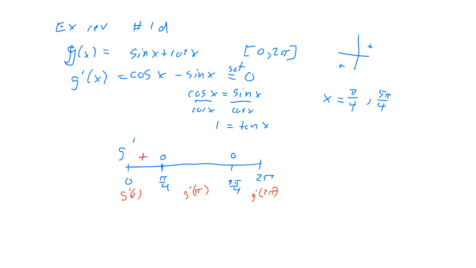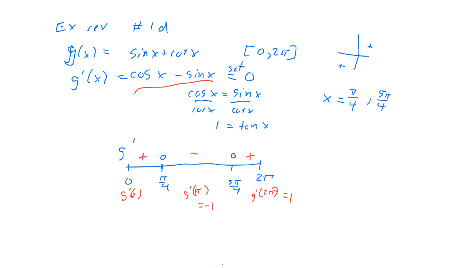If I plug pi into the derivative, cosine x minus sine x, cosine of pi minus sine of pi is negative 1. So the derivative is negative in the middle. And if I plug 2 pi in, cosine of 2 pi minus sine of 2 pi is positive 1 again. So all of this is coming off of the unit circle. So what I'm getting then is that the derivative is positive and then negative and then positive.